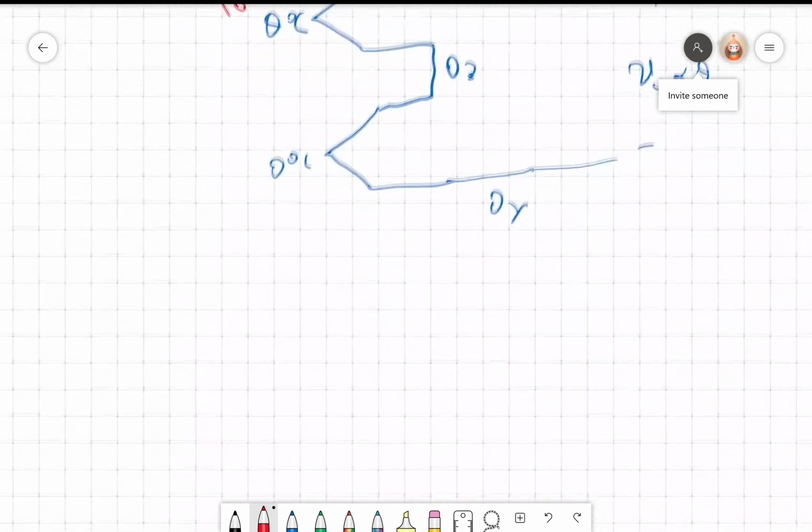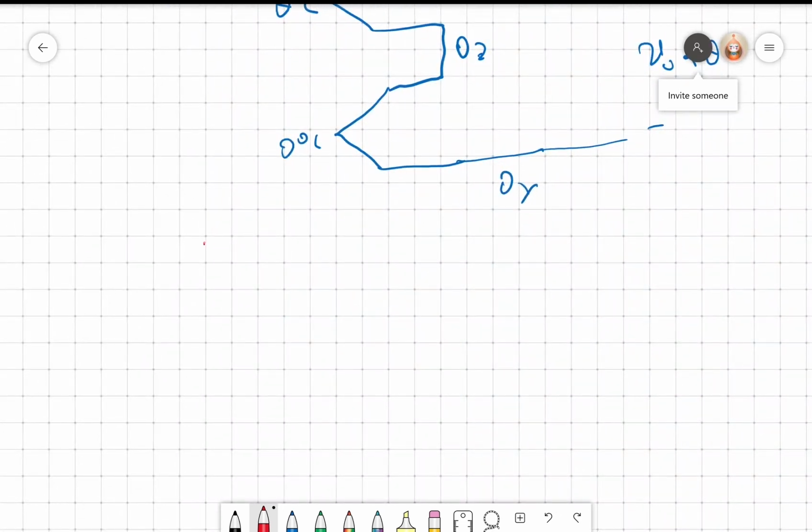Then the second law of thermocouples is the law of intermediate metal.